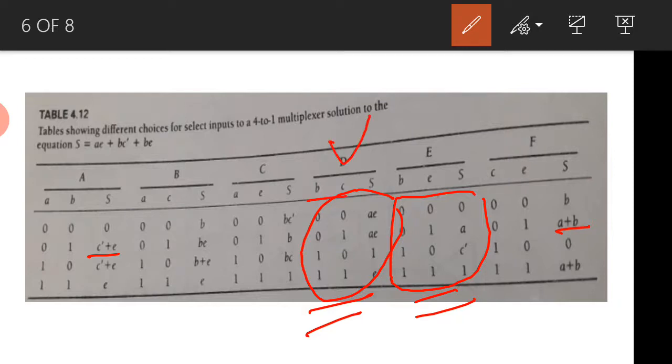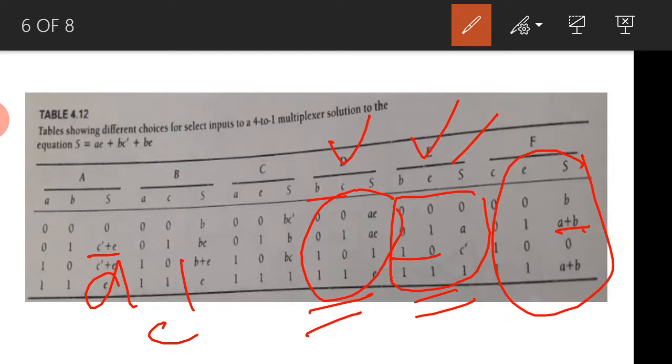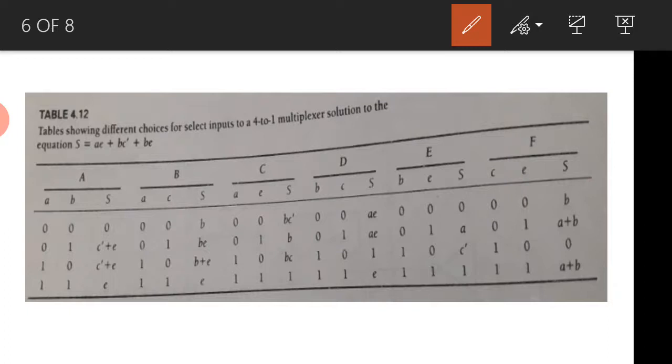Two variables I can take as inputs, and if it is only one, you can see this is much easier. For 0 1 combination, I can directly connect A as input, and for 1 0 combination directly connect C bar. No other additional gates are required. If I take this option, then I need to use an OR gate again as A plus B. So I can further reduce the gates if I take the combination which will satisfy the expected equation.